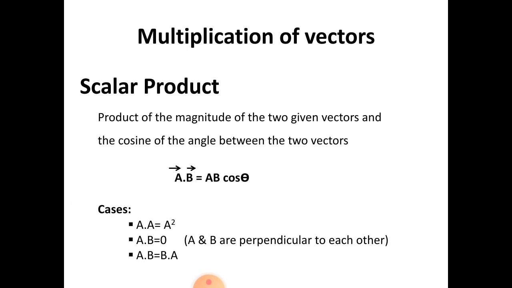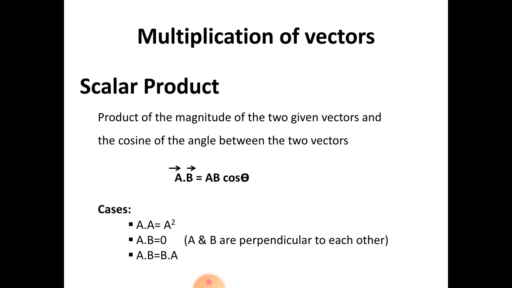Then multiplication of vectors. Here scalar product, which is also known as a dot product. Here two vectors A and B are given. These given two vectors A and B can be multiplied to get a scalar result. This method of multiplication is known as scalar product method.